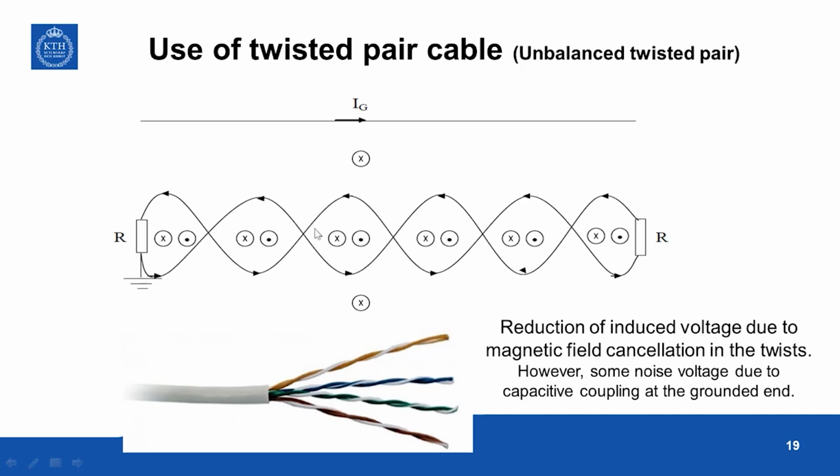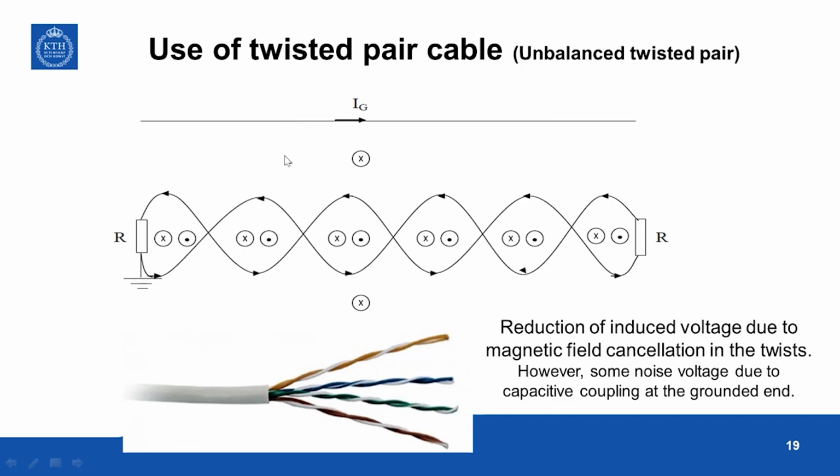So you have a net current flow over here, and here it is connected to the reference, so you have a net voltage drop across this. So this is called unbalanced twisted pair.